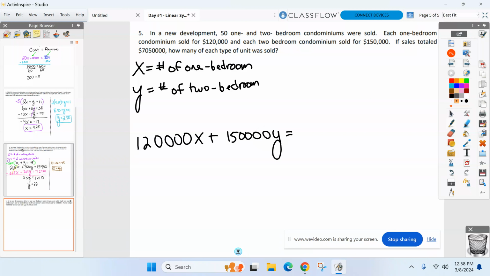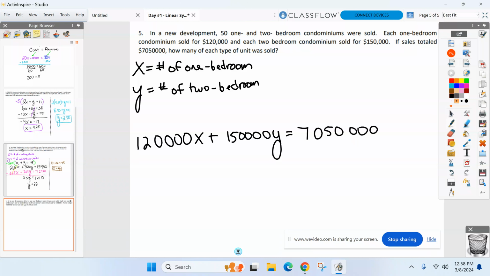Money stays with money. Your total amount you made from selling those. That's 7 million right there, kids. 7 million.